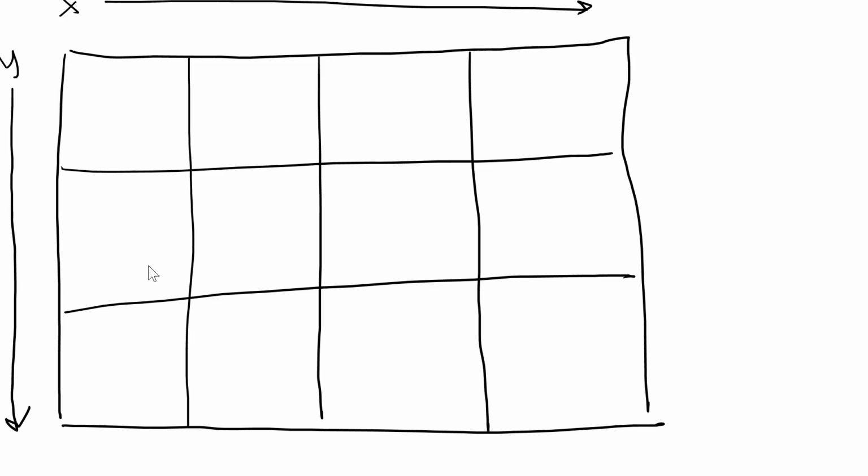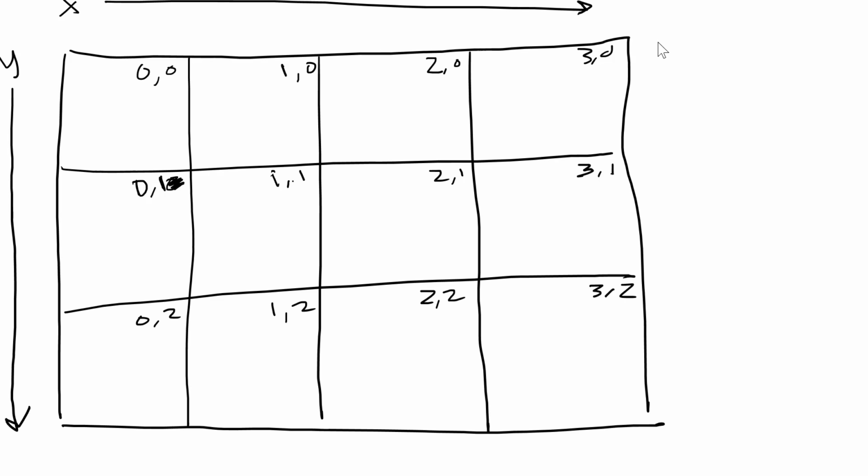So this first pixel is 0 0, 1 0, 2 0, 3 0, and then Y 1: 0 1, 1 1, 2 1, 3 1, and then 0 2, 1 2, 2 2, and 3 2. So these are each of the pixels in an image.